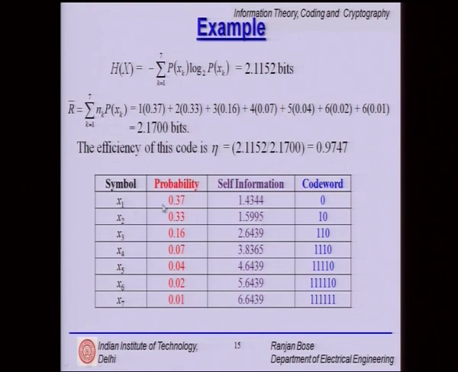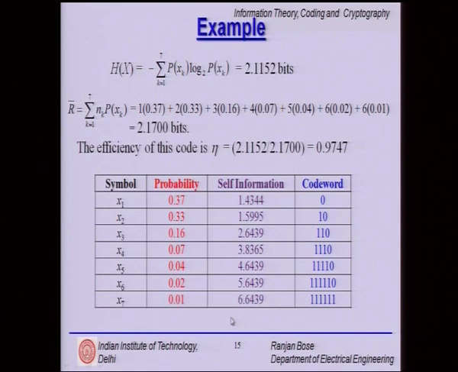Clearly, x1 which is more probable has a less self information as compared to x7 which is very rare. Remember, self information is inversely proportional to the probability of occurrence.